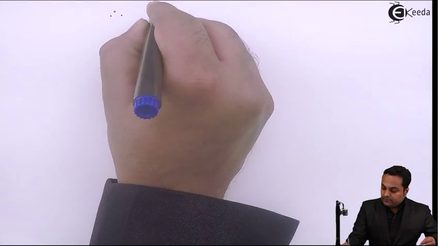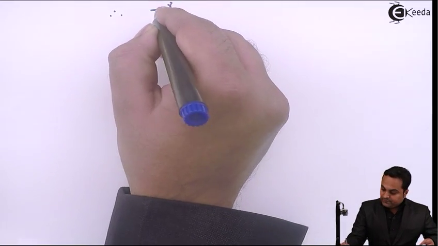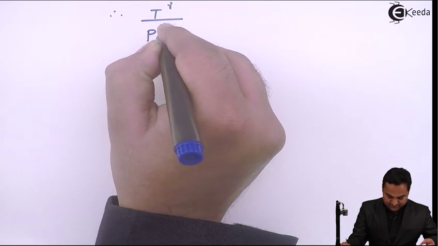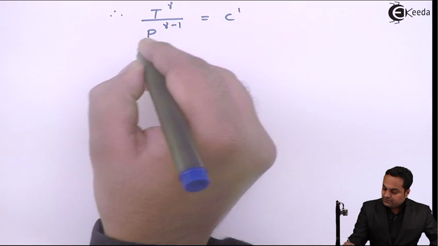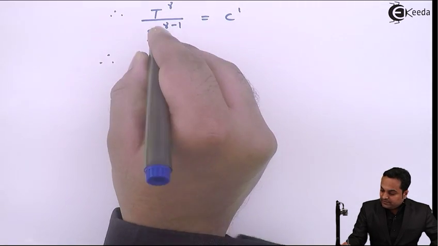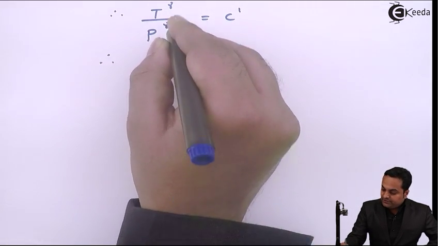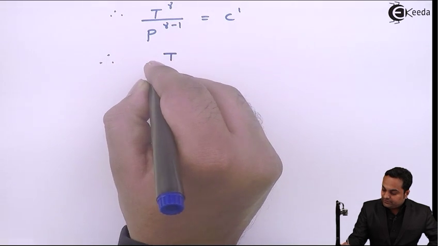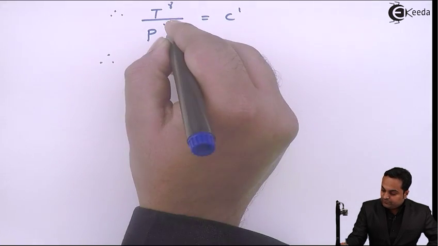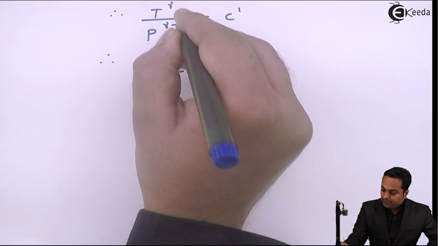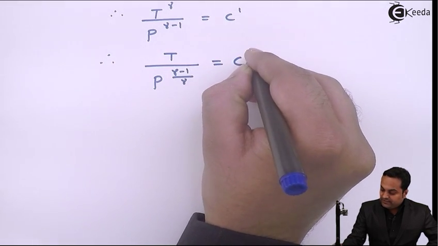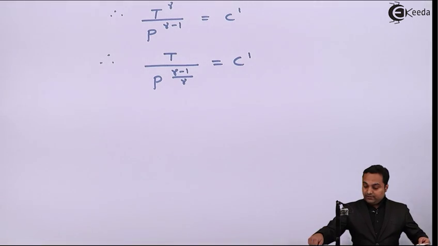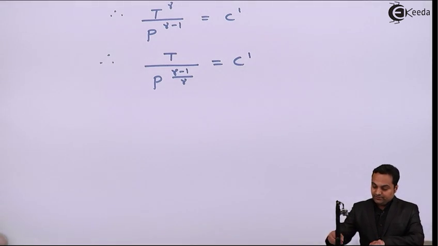Therefore T raised to gamma upon P is equal to C dash. Therefore I can put T in the numerator, shift gamma into the denominator, so that will be T upon P raised to gamma minus 1 upon gamma, and this is equal to C dash, and here I'll call this equation number 4.